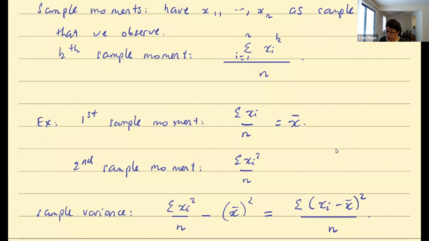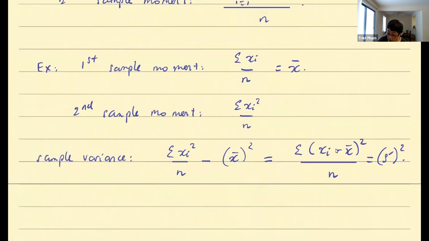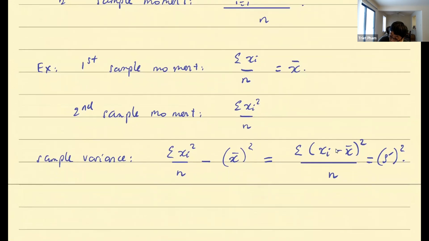All right. So what is this? This is the S prime square that I mentioned before. In other words, it's the quantity that looks like S square, but the division is by n instead of n minus 1.